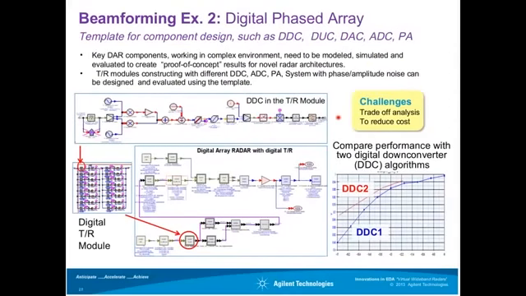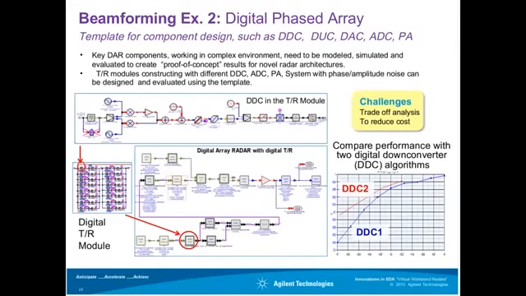And also, we have another example to show you how to do the trade-off analysis. In this example, we construct the complete digital phased array system, including the transmitter, the beamformer, the TR modules, the target modules, radar channel, then receiver TR module, the receiver beamformer, and signal processing measurement.